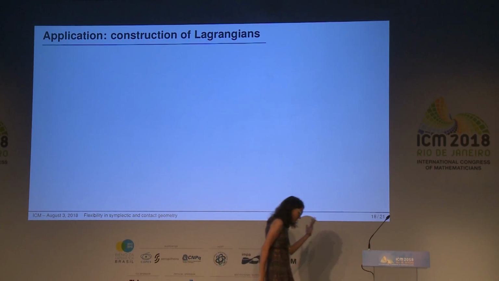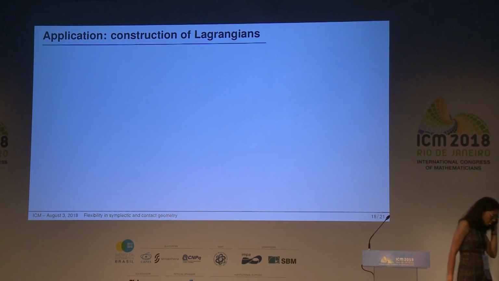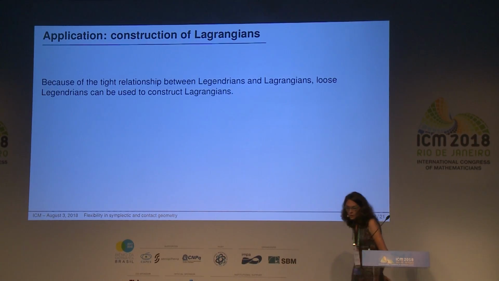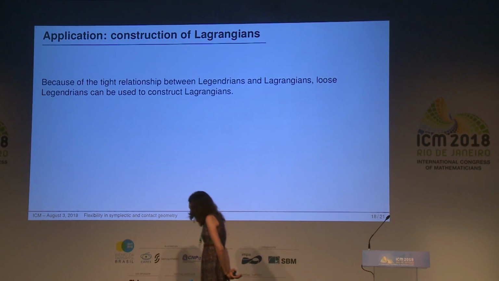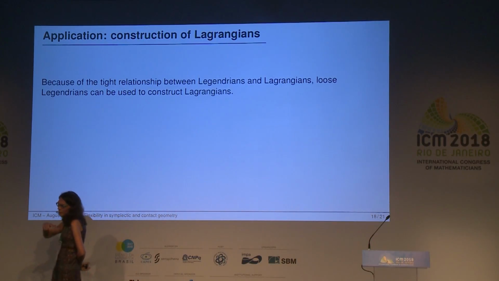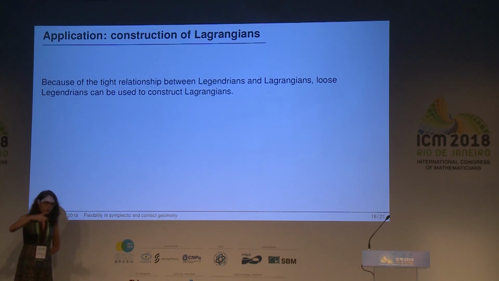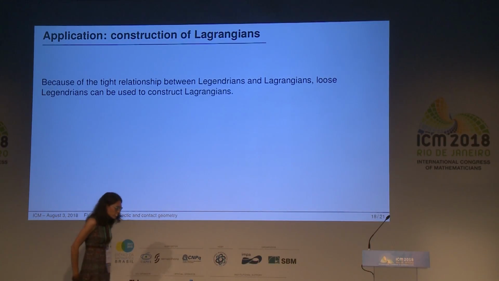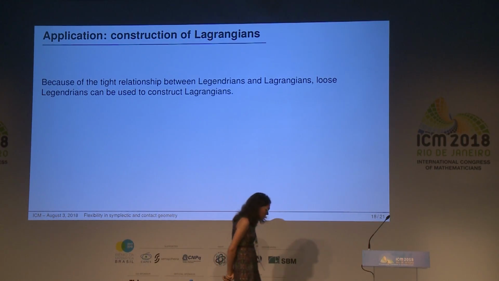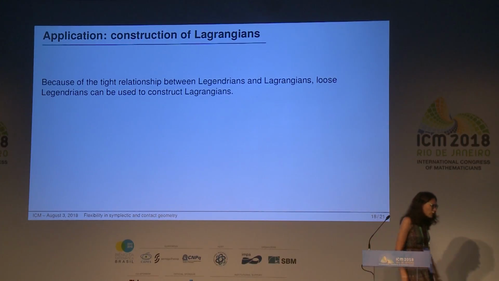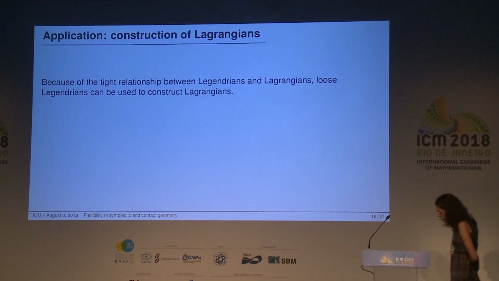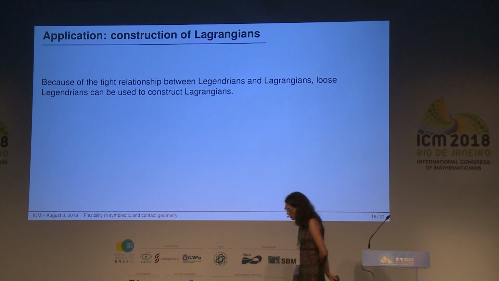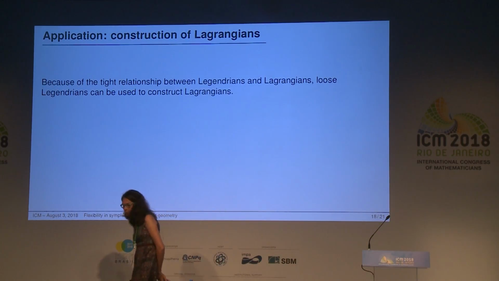So I want to talk about a few applications of this. And the first application I want to talk about is constructions of exotic Lagrangians. So as I said, Legendrians we think of as being like how cylindrical Lagrangians intersect contact hypersurfaces. And because of this close relationship, we can use isotopies of Legendrians to build Lagrangians, just like graphing the isotopy.